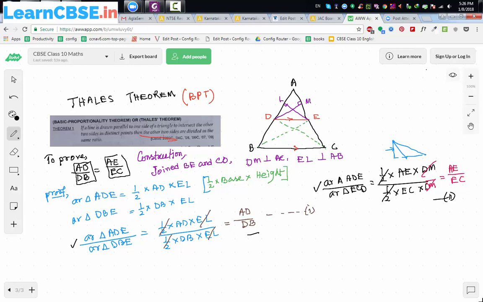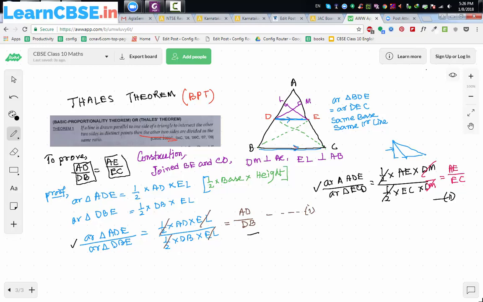Obviously the area of the triangle BDE is equal to the area of the triangle DEC, because they have the same base and they are under the same parallel lines. So the reason is same base, same parallel lines. That's why their areas are the same.